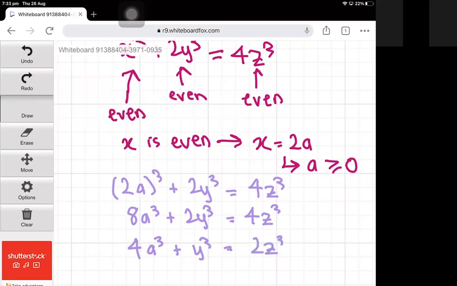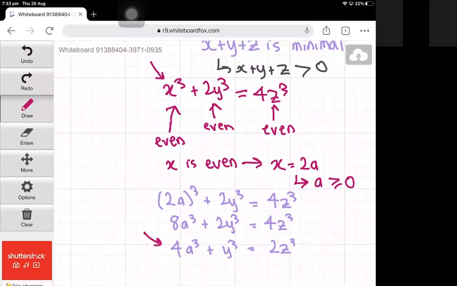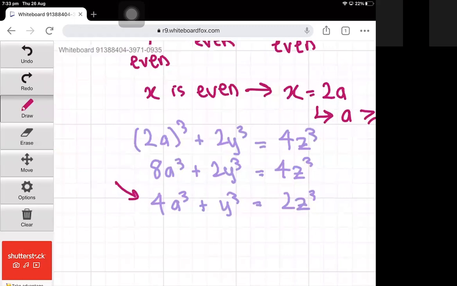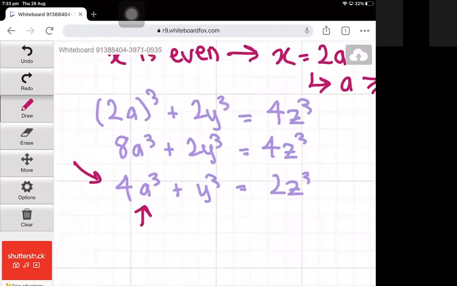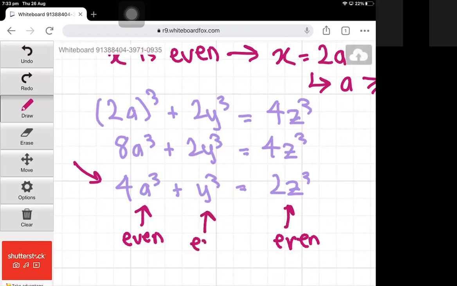Now we have this equation involving a, y, and z. We have an even number 4a cubed and an even number 2z cubed, which means y cubed must also be even.